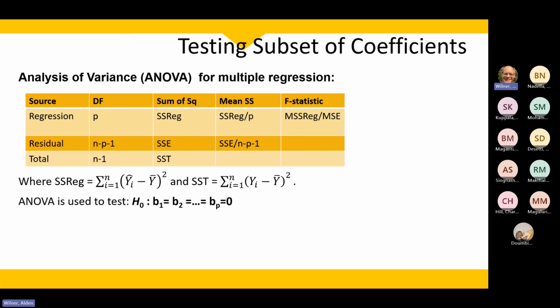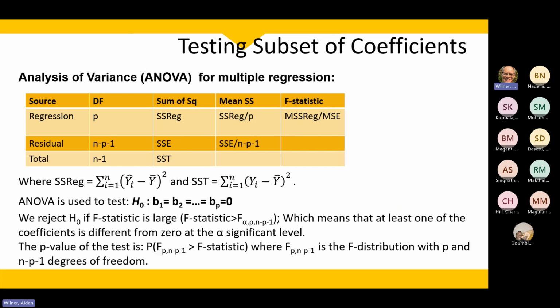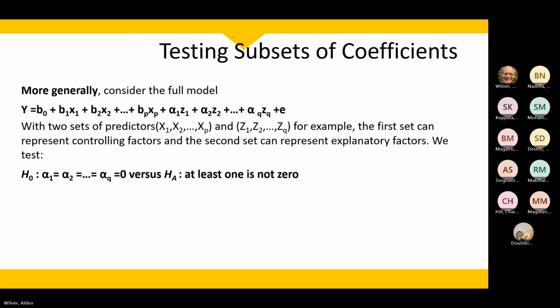So our ANOVA is used to test the hypothesis that one of the sets of coefficients is different from 0 at the alpha significance level. So, a better explanation here. We consider our full model, all of our features in here, and we'll divide them into 2 sets.